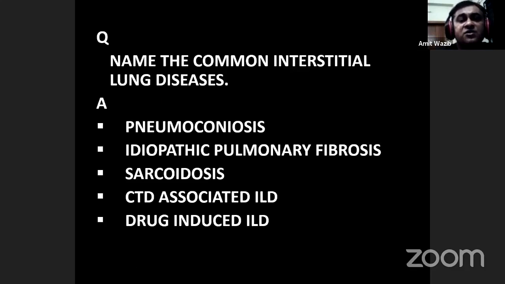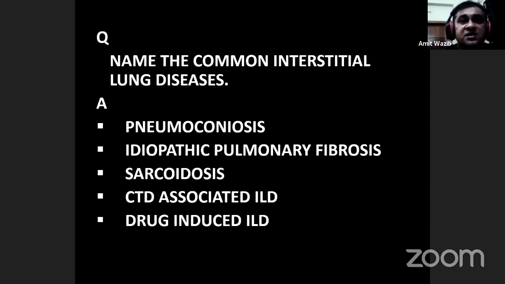One is pneumoconiosis or occupational lung diseases. That is interstitial lung disease that occurs due to occupational exposure of different substances like silicosis, asbestosis, coal workers pneumoconiosis. So these as a group are called pneumoconiosis or occupational lung diseases.